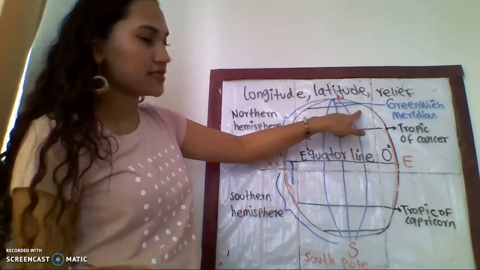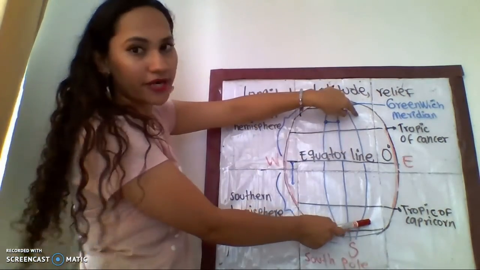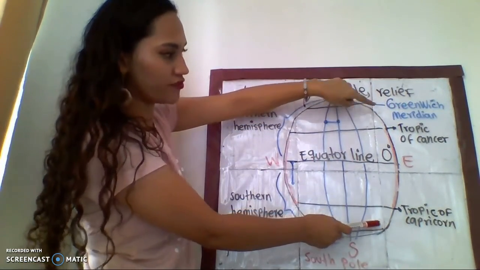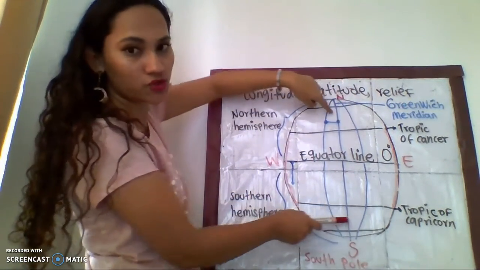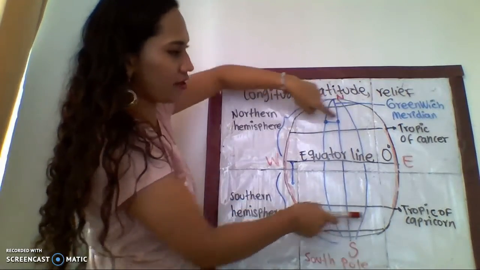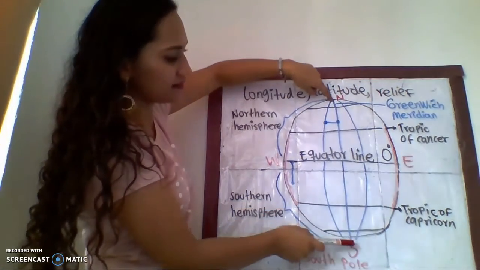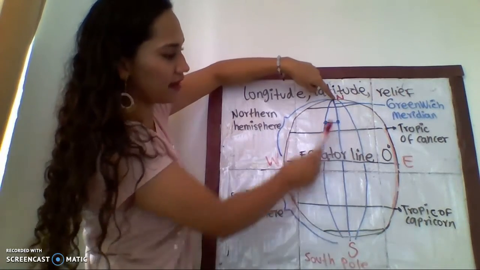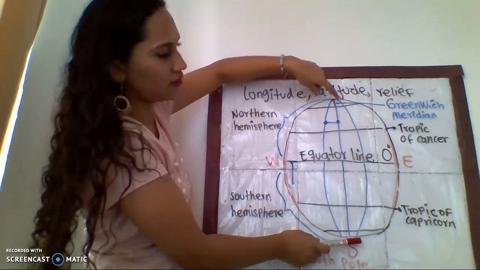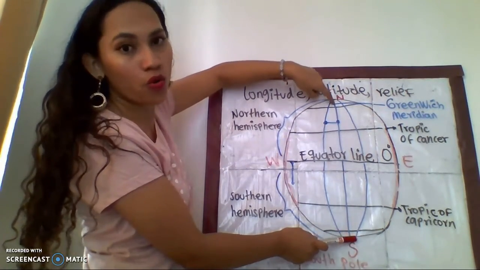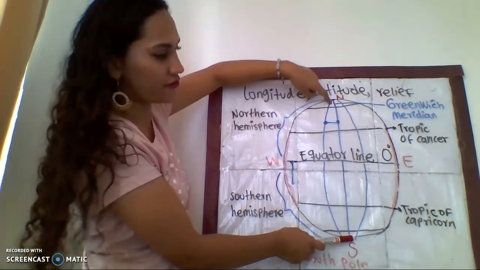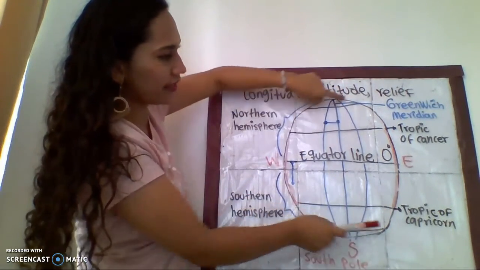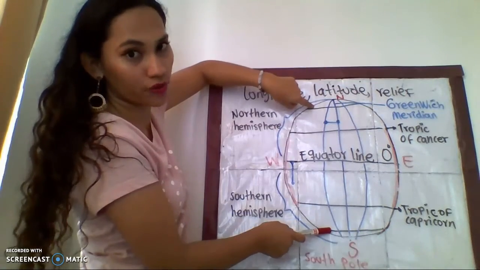And this part and this part is the temperate zone. The temperate zone in the Earth. And in this part is the cold zone. La zona fría, acá en los polos. So, warm zone, temperate zone, and cold zone.